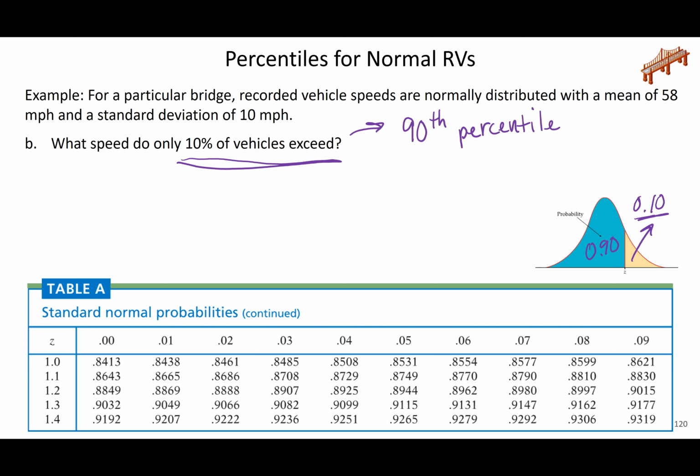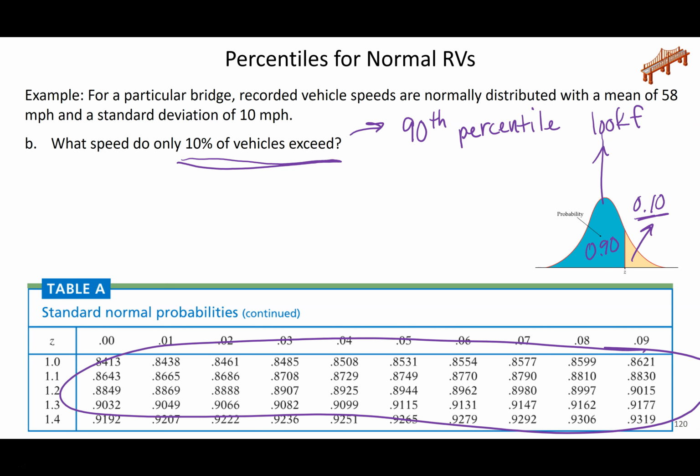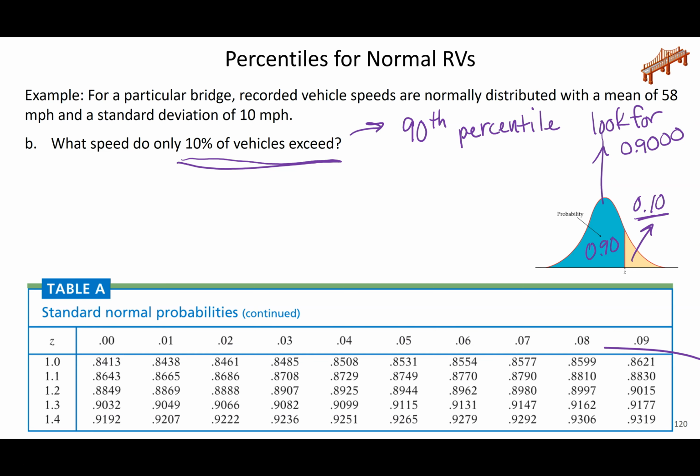So I'm going to look in those probabilities for 0.9000, as close as I can get to it, and then work out from there, because my first step is going to be to find z. Looking here, 89, it's getting closer.